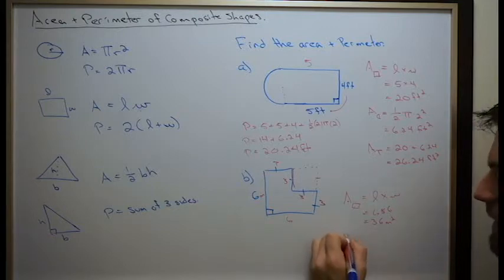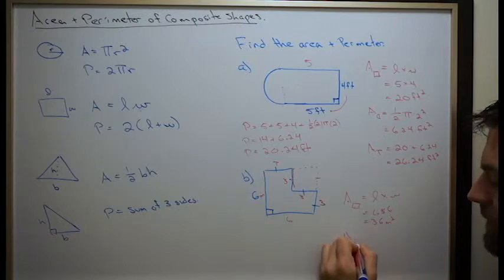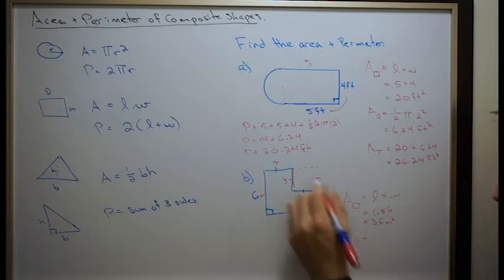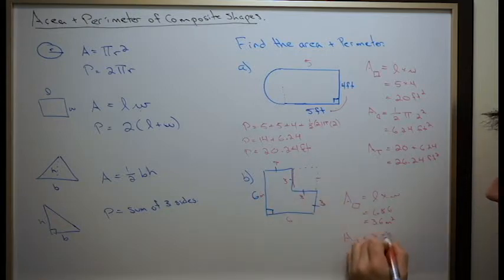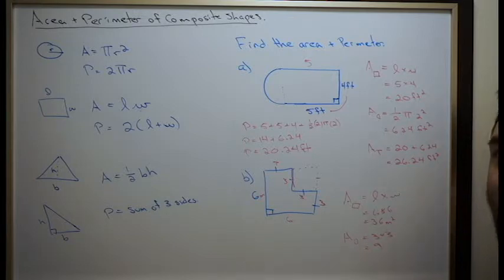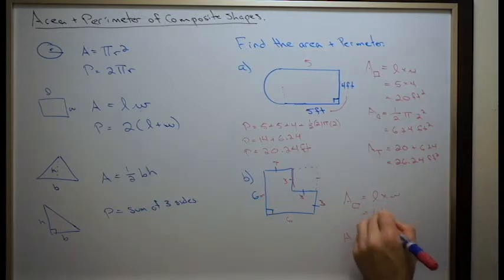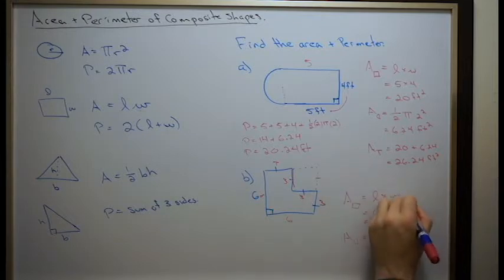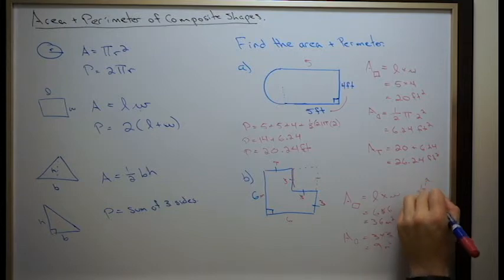And then the area of the cutout, so I'm just going to do a dash box there. The area of the cutout, it gives again length times width, but it's 3 times 3, or 9. And then our total area is just 36 minus 9, which equals 25 meters squared for our total area.